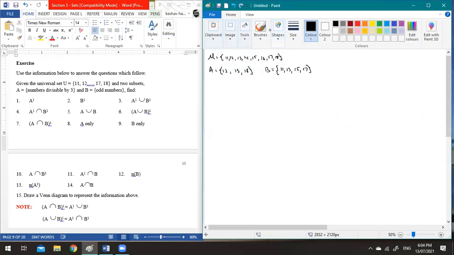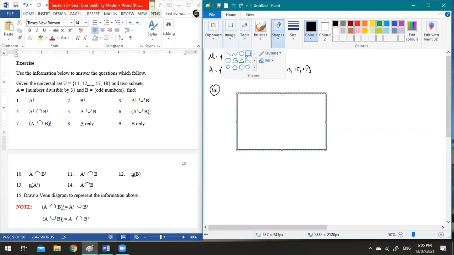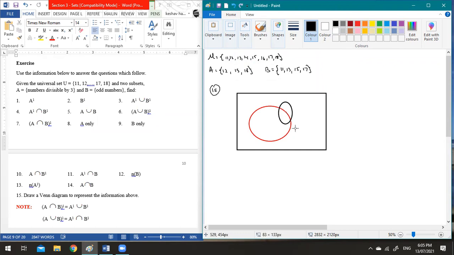Now they want us to draw the Venn diagram. Right, so the last one, number 15, they want us to draw the Venn diagram. Remember, the first thing you have to do is draw a rectangle, and you have to draw 2 circles. Because we know A and B have an intersection, we have to draw the circles intersecting or overlapping each other, right?